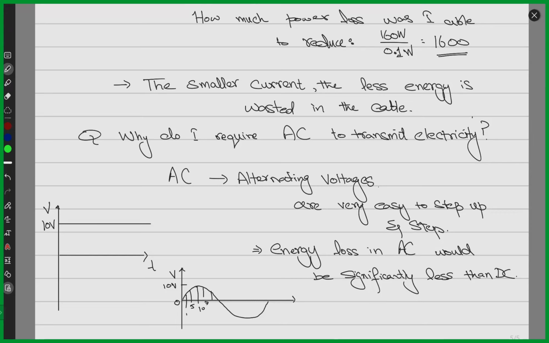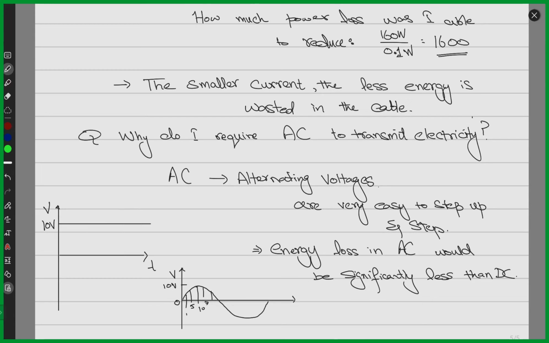So when I compute the average power loss for this alternating supply, because the voltages are alternating throughout its time, it will reduce the amount of energy that is lost compared to this one, 10 volts, where I'll constantly be getting energy loss coming from 10 volts at every point in time.